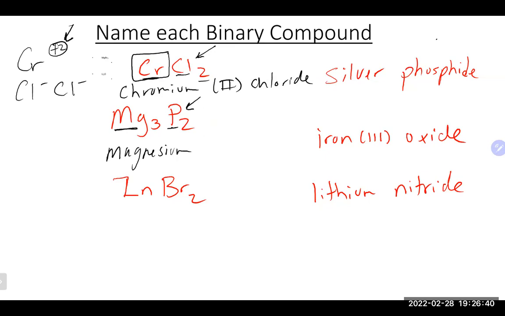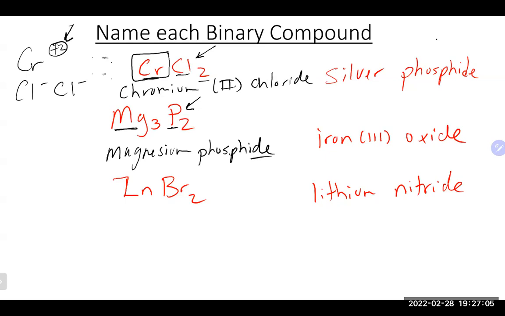And phosphorus becomes phosphide, IDE, at the end of it. Again, the 3 on the magnesium has no effect on the name, so we don't want to do anything like tri. The 2 on the phosphorus has no effect on the name, so no di. Again, no prefixes at all, ever, in an ionic compound name. Any questions on that particular one there?